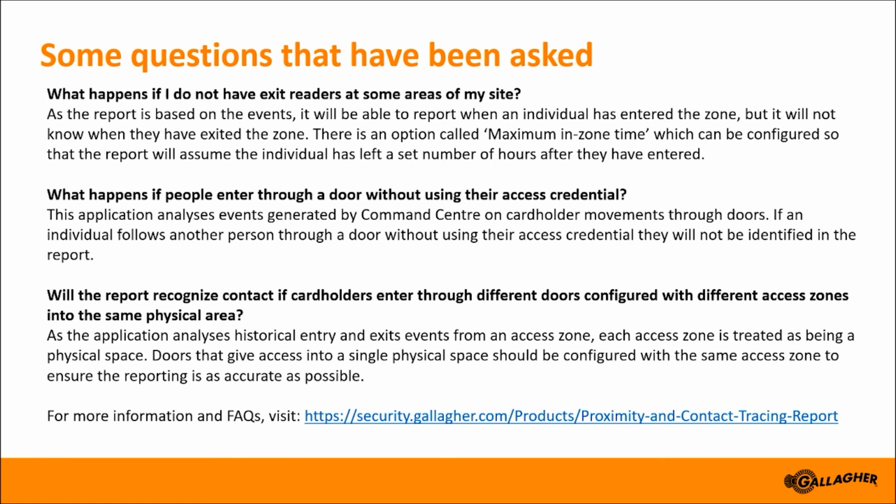So basically, the report will not know. If you've used your access credentials, obviously Command Center will pick that event, and that event will be picked by the report. Otherwise, if you've tailgated, you will not be identified in the report, even if you were on site.